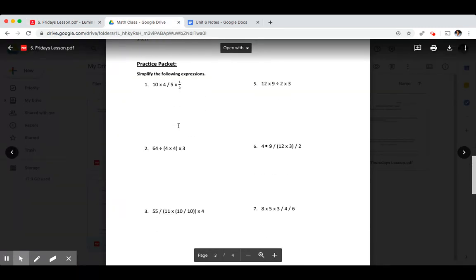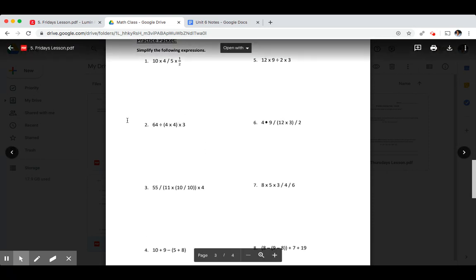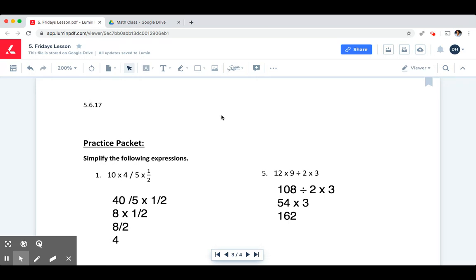Now go ahead and try the practice problems on your own and come back to the video when you're ready to check your work. For the first 2 problems on the screen, I want you to double check your work against mine to make sure that you're doing the correct steps and you're getting the correct answers.